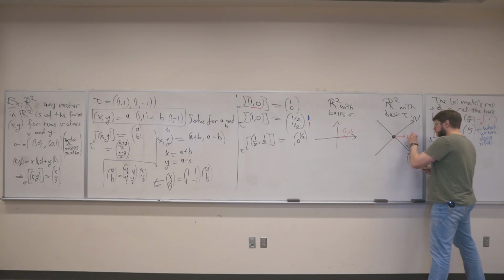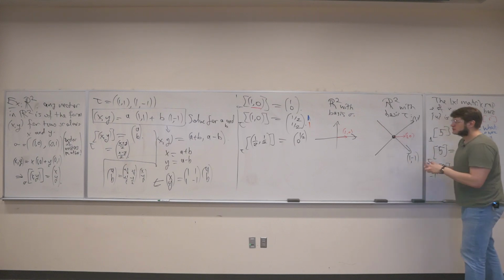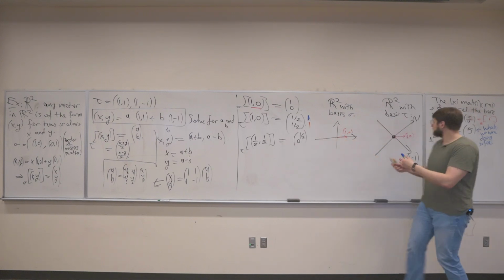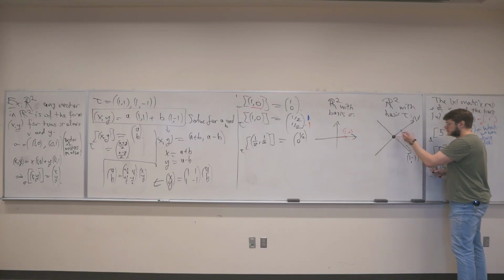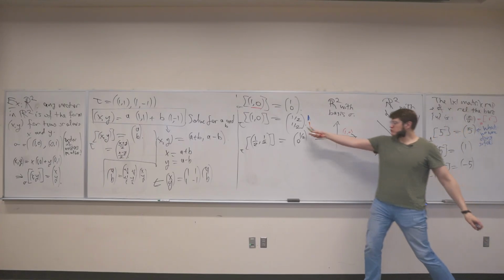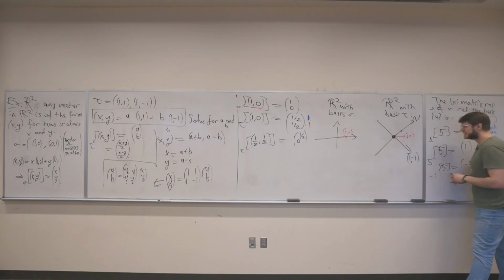This is 1, 0. It says move 1/2 units in this direction, and then move 1/2 units in the second vector direction.